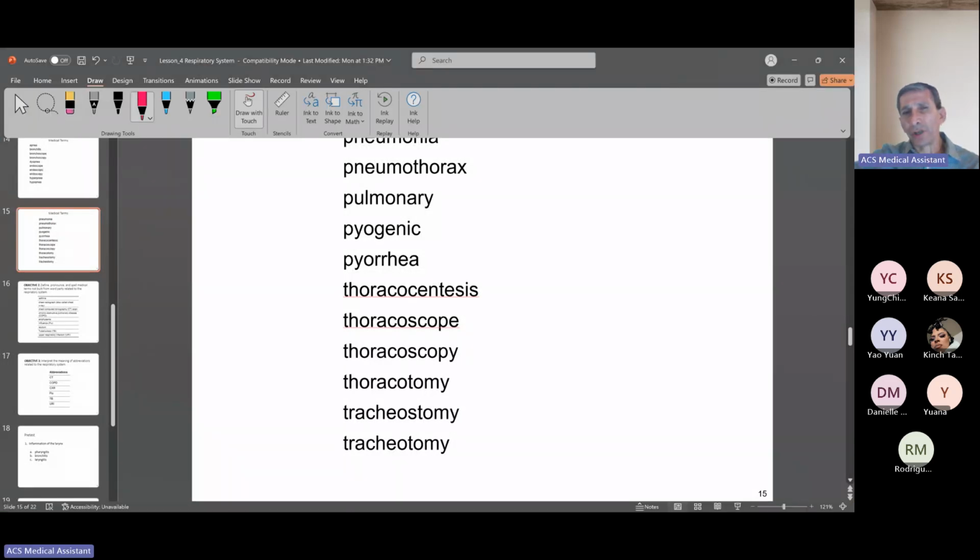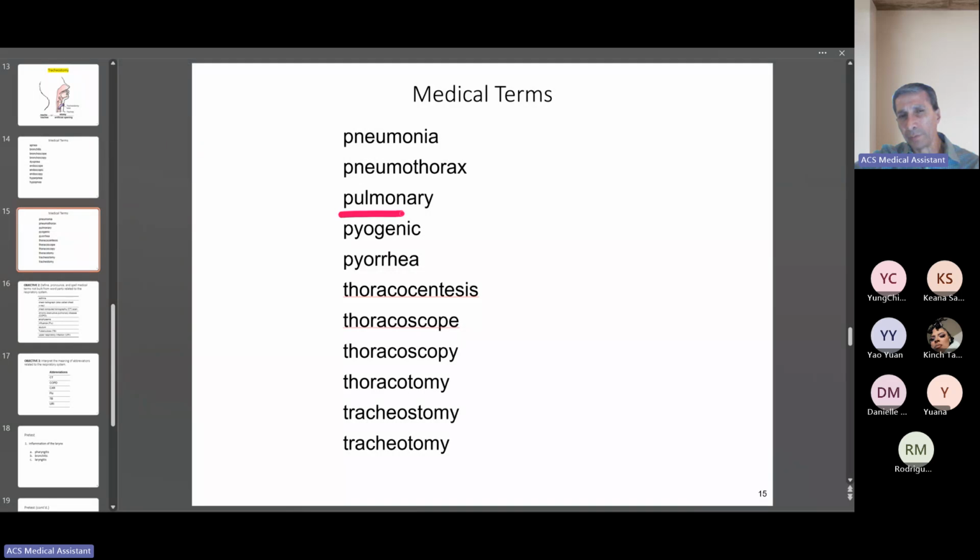Here we have the other term that means lungs. Remember, pulmon, pneumon. See, here is thorax, here is ary. So ary is pertaining to the lungs. For pulmo, we cannot use air. When it says pulmo, just the word pulmo, we cannot use air.